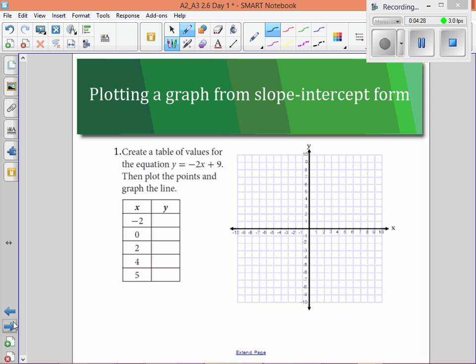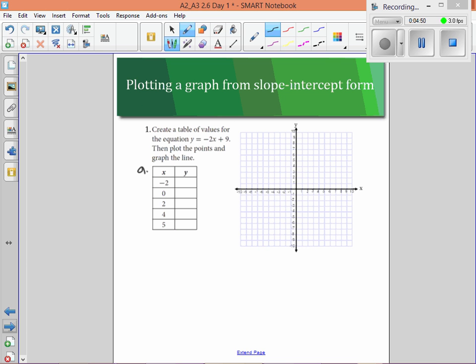Okay, now what I want you to do is create a table of values for the equation y is equal to negative 2x plus 9. Now, all we're doing here is plugging in for these values of x, the input, and then generating the respective output y. So I'll work with this first one here, and we'll title this A. So the work for A down here, if I'm substituting in for x is equal to negative 2, it's just simply negative 2 times negative 2 plus 9.